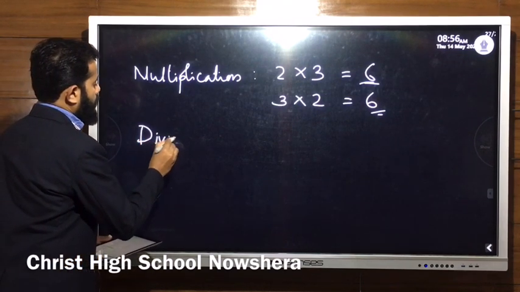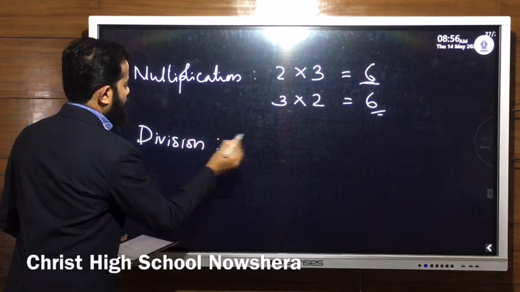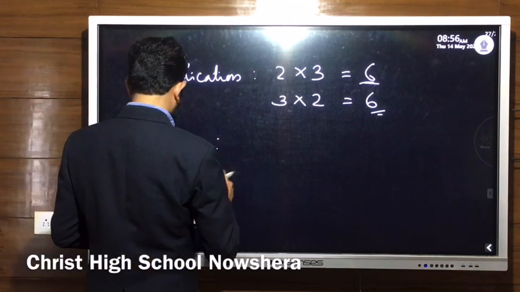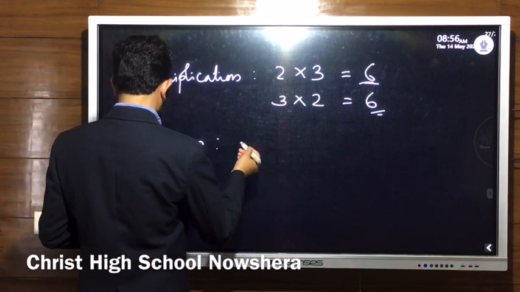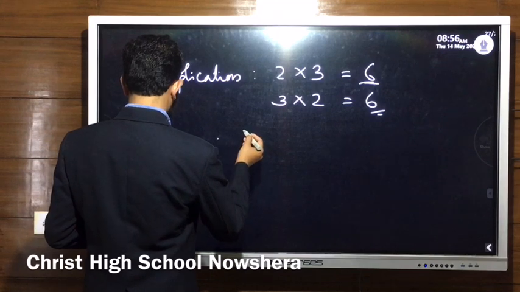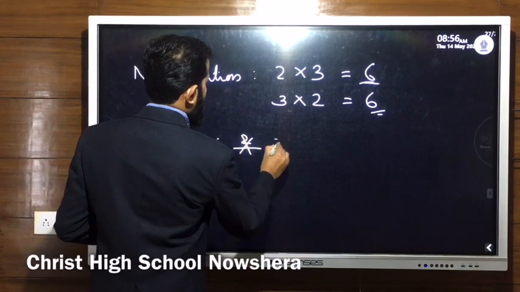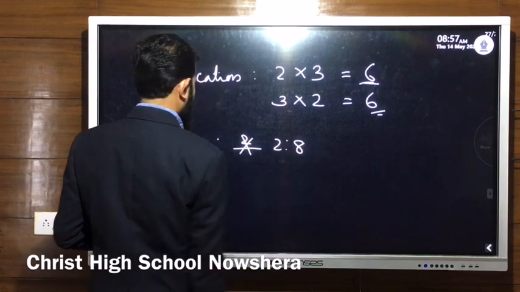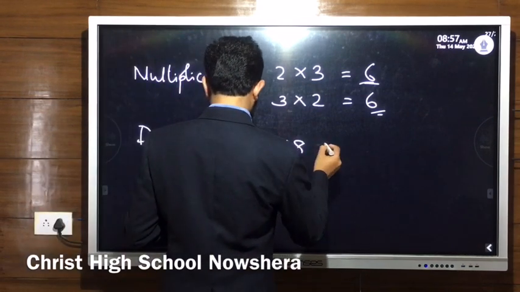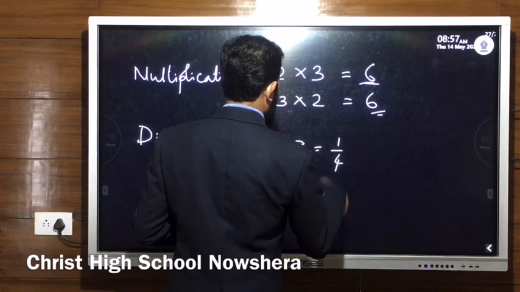Now the last one, division. 2 divided by 8 is equal to 1 by 4.